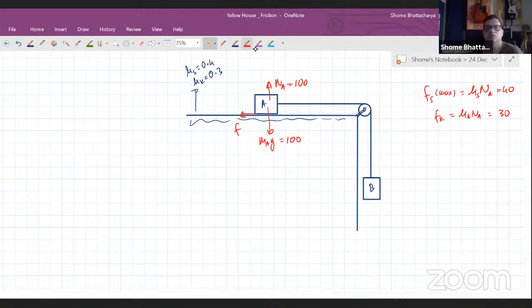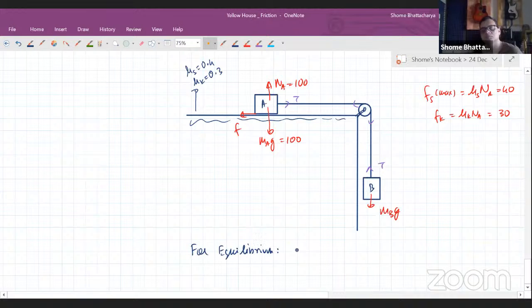Okay. So now you can see that the condition for equilibrium, so for equilibrium of the system, that is acceleration being 0, tension should balance the weight of B, and for A, tension should balance with static friction.